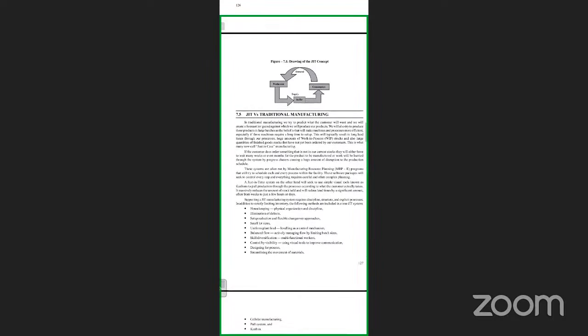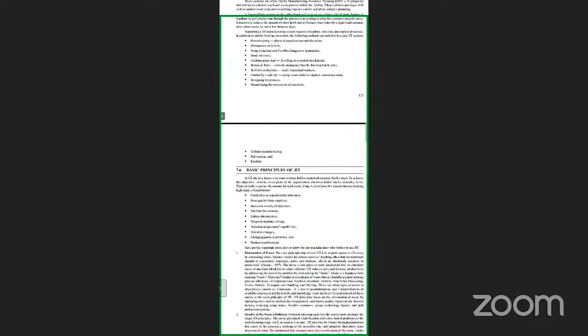And under JIT, there are different methods: housekeeping, for physical organization and discipline; elimination of defects; setup reduction and flexible changeover approaches; small lot sizes; uniform plant load, leveling as a control mechanism; balanced flow, actively managing flow by limiting batch sizes; skill diversification, multifunctional workers; control by visibility, using visual tools to improve communication; designing for process.